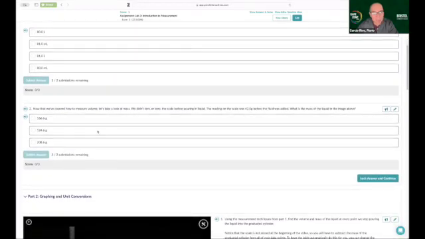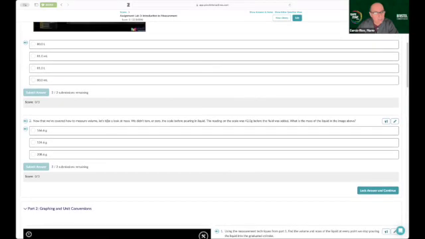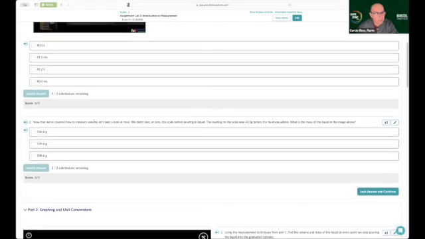Now, one thing that is interesting about this question is that whatever you read on the screen is not necessarily the weight that they're asking you to measure. They want you to measure the weight of the liquid, not the weight of the liquid plus the cylinder. So you need to do some subtraction.